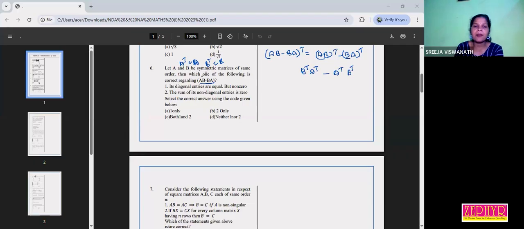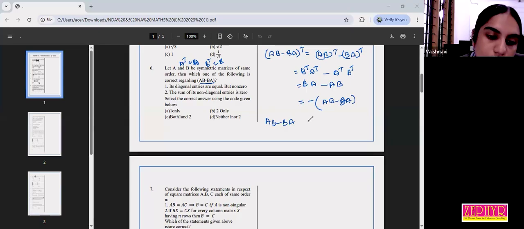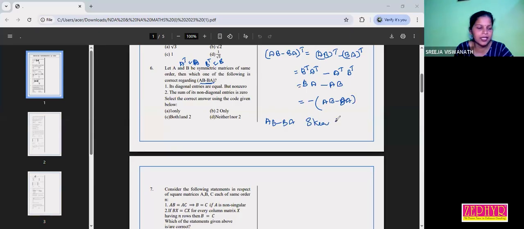Given that A and B are symmetric, B transpose is equal to B, A transpose is equal to A. So we get BA minus AB. Now we can take a negative outside: minus of AB minus BA. Listen, AB minus BA, the whole transpose, is equal to minus of AB minus BA. Then we can say AB minus BA is a skew symmetric matrix.